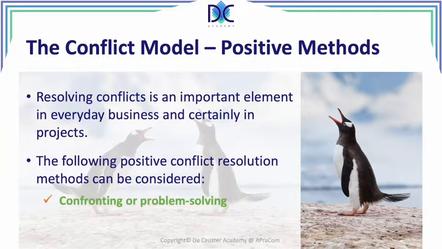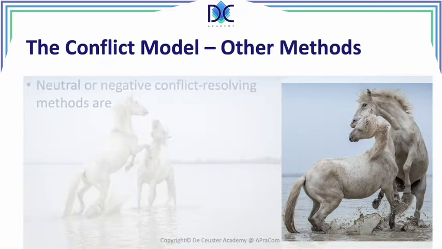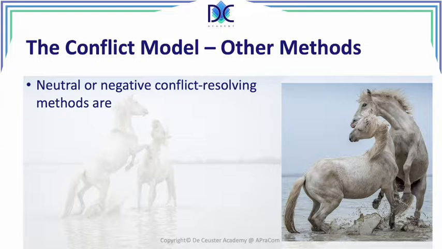The first method is confronting or problem solving, and the second method is collaborating. We will look in detail into these methods in one of the following slides. We also have other methods. We can consider some neutral or even negative conflict resolving methods.